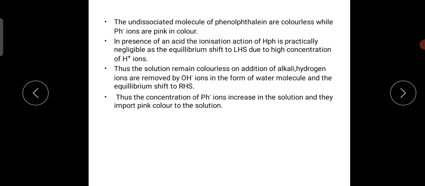That's why the equilibrium shifts to the right and the color increases. The concentration of phenolphthalein ion increases in solution, and it imparts pink color to the solution in alkaline medium. When it is acidic medium, due to the concentration of H positive ions, the equilibrium shifts to the left-hand side, so the color decreases.